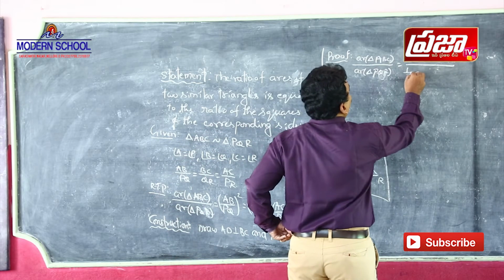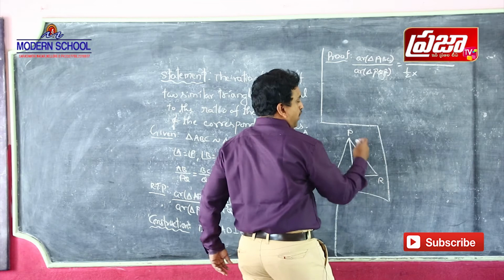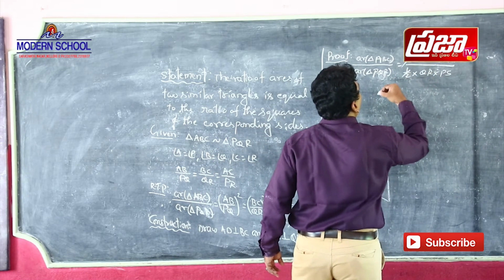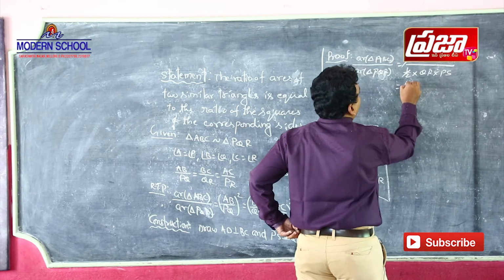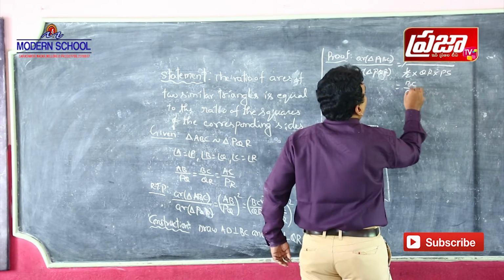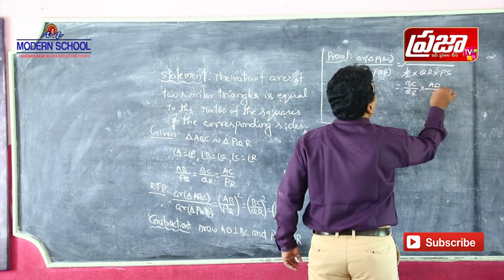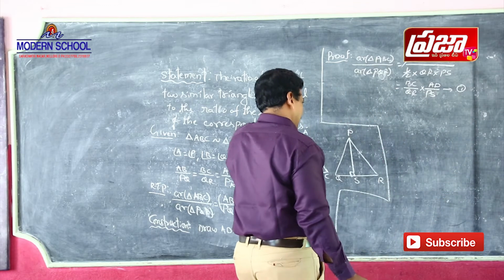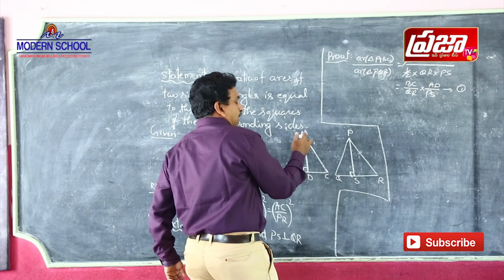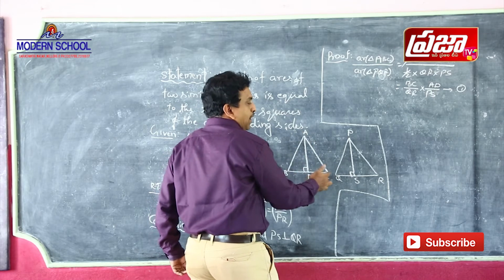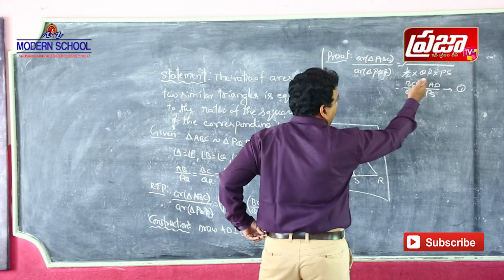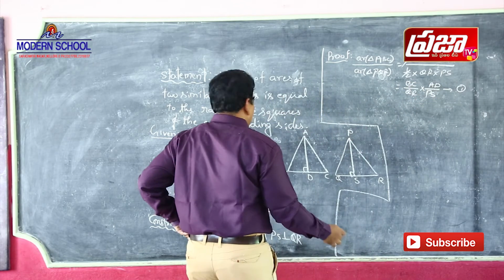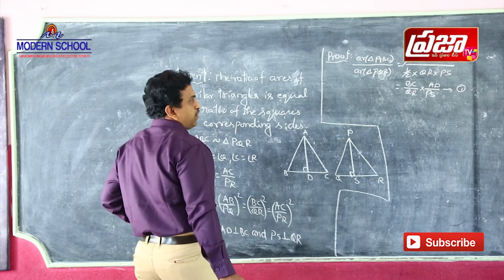So half into QR into PS, half cancels, that equals BC by QR into AD by PS. Let it be the first equation. So the ratio of area of triangle ABC and triangle PQR is BC by QR into AD by PS. But what do I get here? BC by QR whole square.